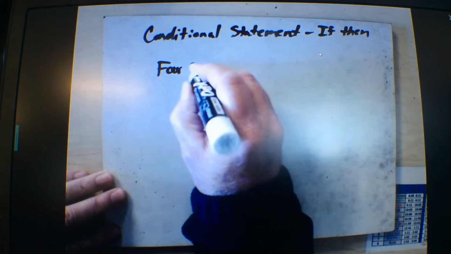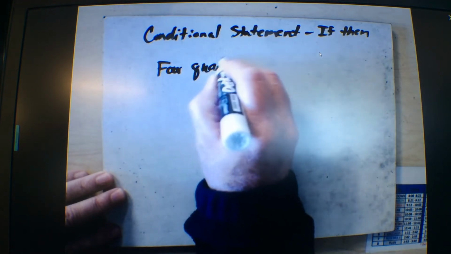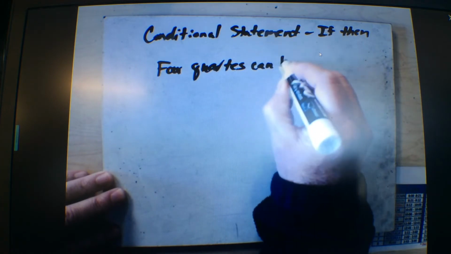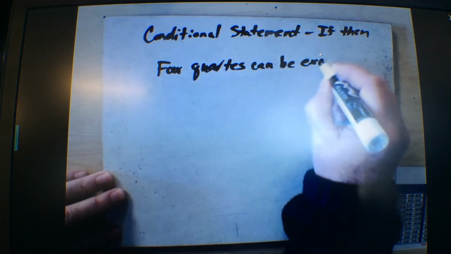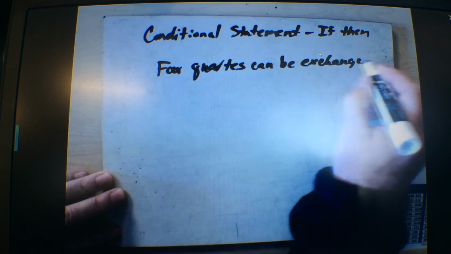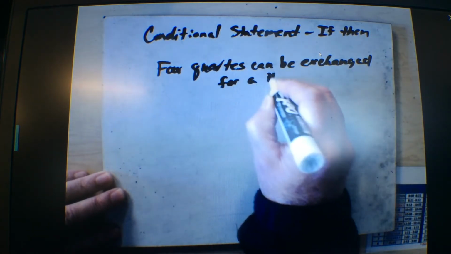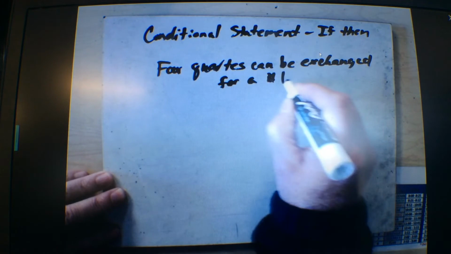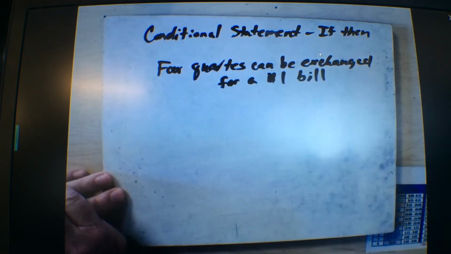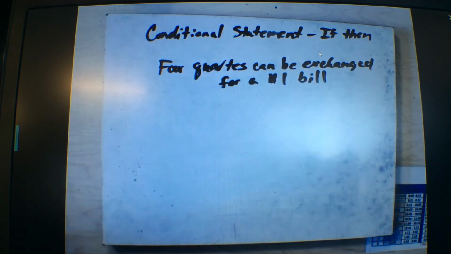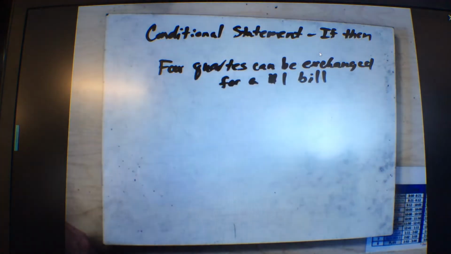Four quarters can be exchanged for a $1 bill. I want you to think about that for a minute, and let's try to put that in if-then form, and then talk about the hypothesis and the conclusion.